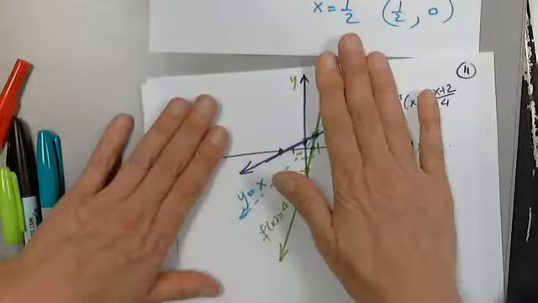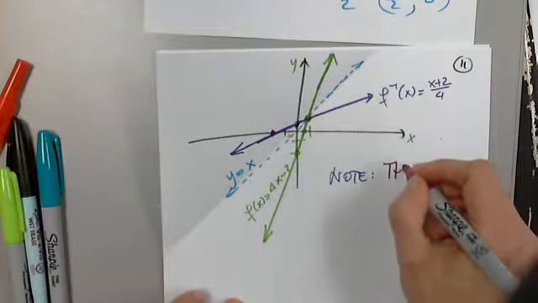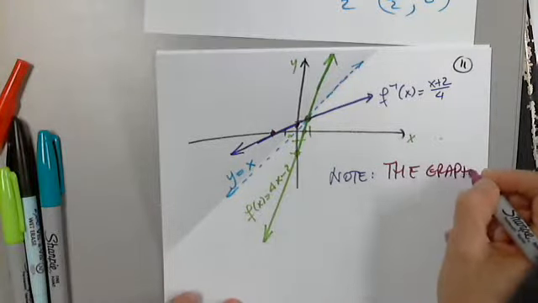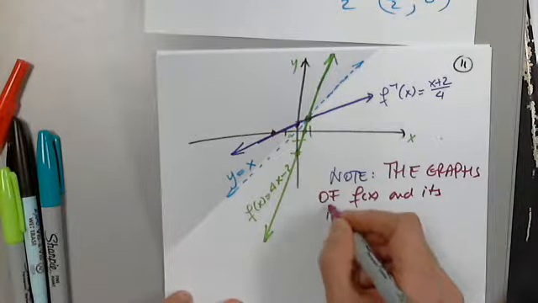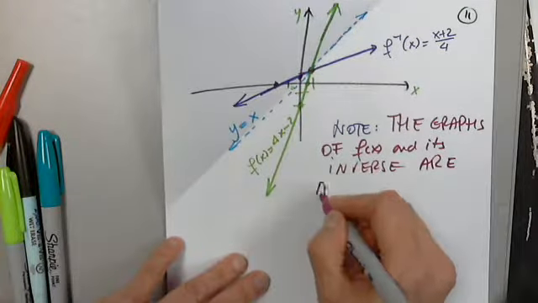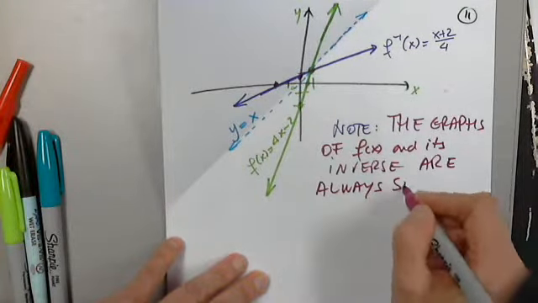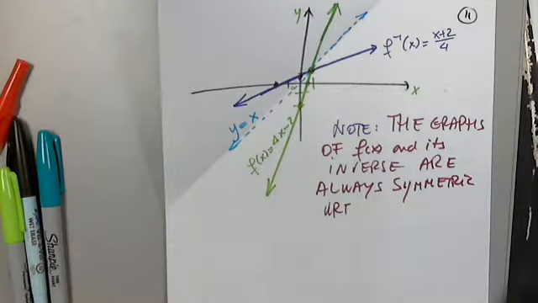But they should. Because at any point in time, and this is the note, the graphs of f of x and its inverse are always symmetric with respect to what?